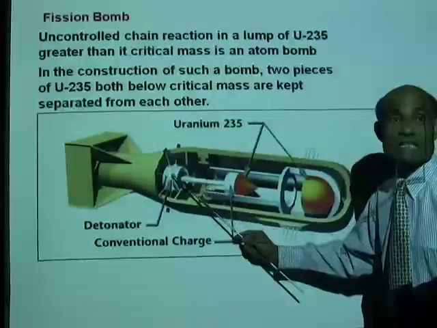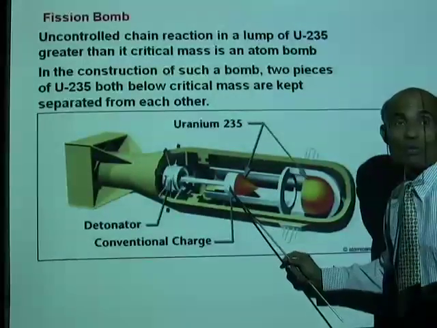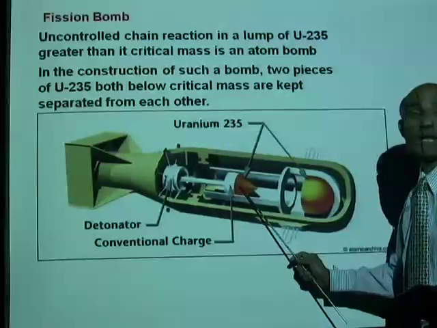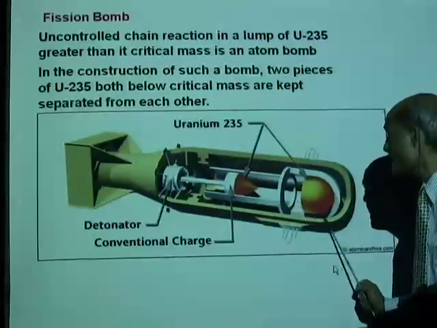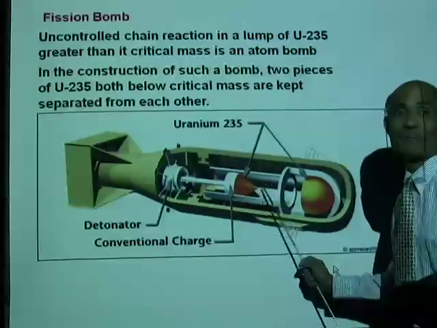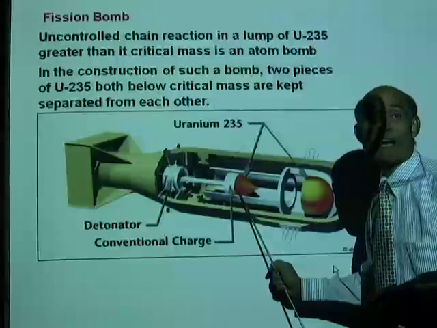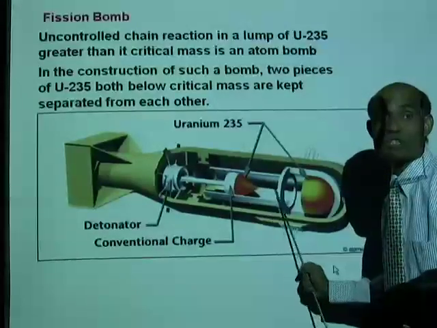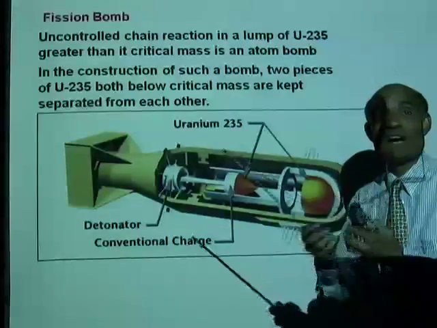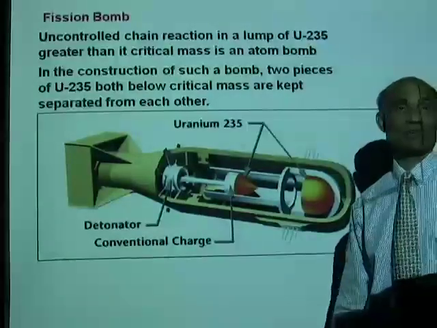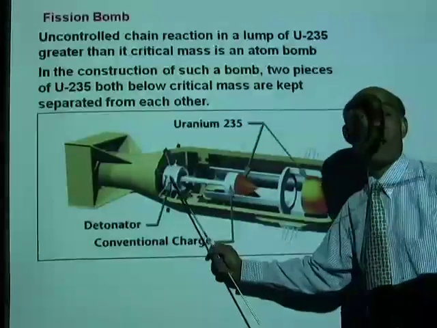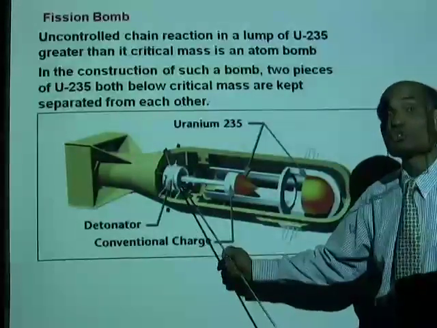The detonator will fire a subcritical mass of uranium into another piece of uranium-235, again subcritical, at a very high energy so that the two become a single piece, and then it will be supercritical. And that's a bomb. This process is done after the bomb has been dropped.